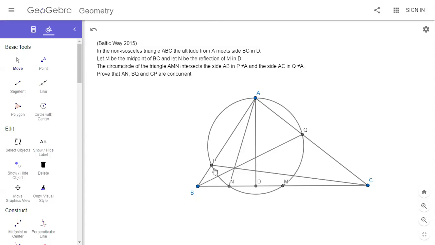So I'm getting that BP times BA plus CQ times CA is equal to BC squared over 2.